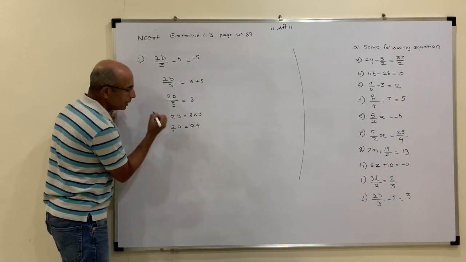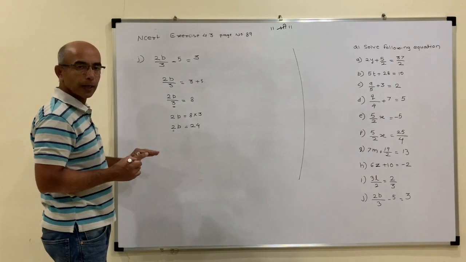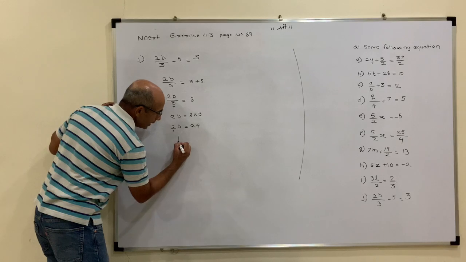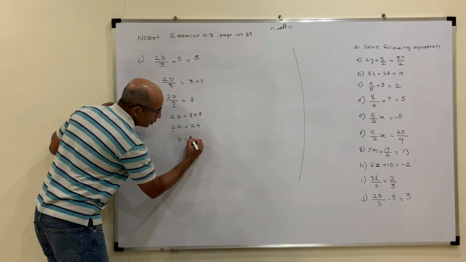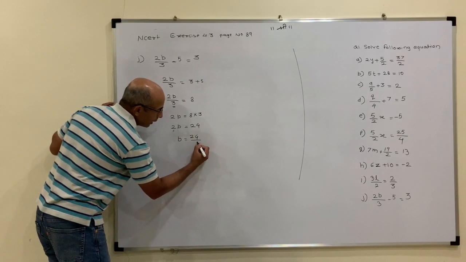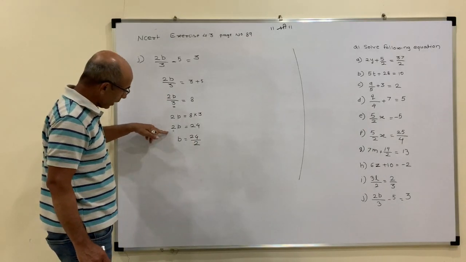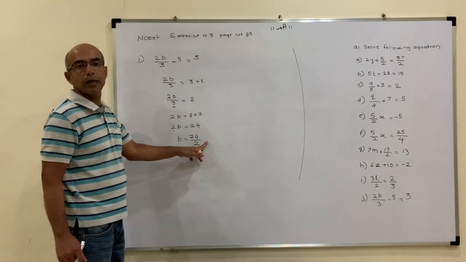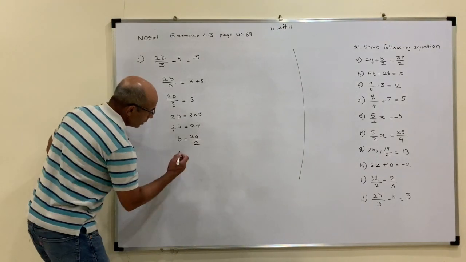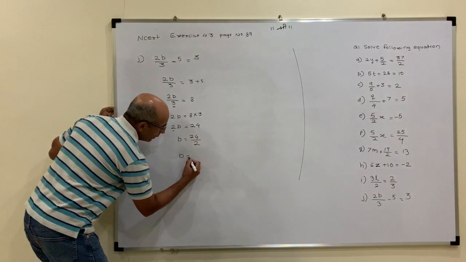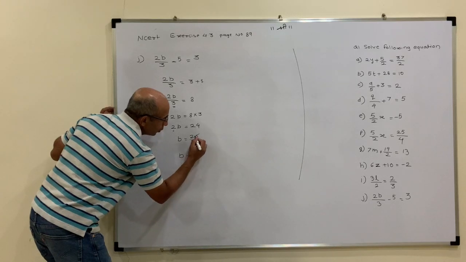I'll be transposing this 2, which is multiplied on the left hand side. So my next step is b equals to 24 divided by 2. Since 2 was multiplied, when I transpose it onto the right hand side, it divides. So the value of my b will be 2 1s are 2, 12 2s are 24.